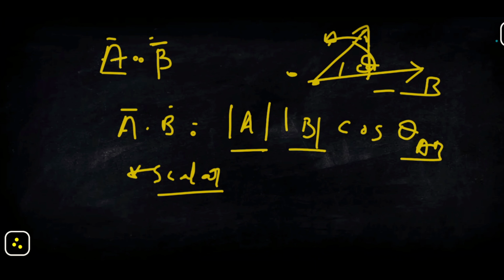Okay, what are the properties of dot product? After that we go for vector product, that is cross product.